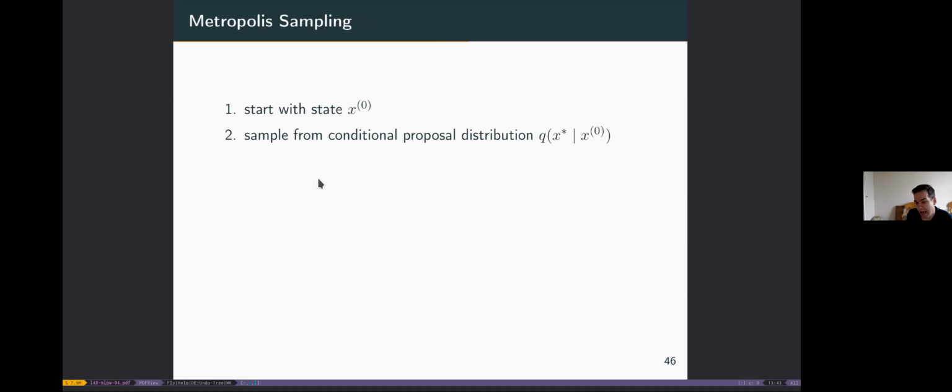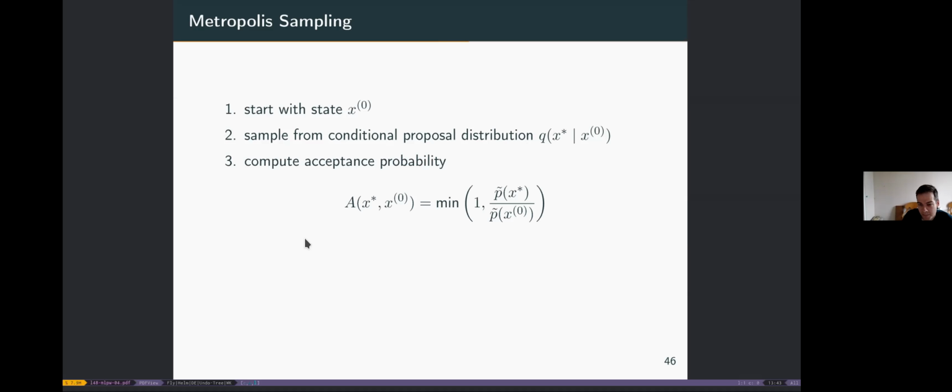And then I have a conditional proposal distribution. What I do in this case is draw a state x star from this distribution that I've specified. Then I compute an acceptance probability, which says that if the point that I drew, the x star, is more probable under the true distribution, then the minimum of this is going to be 1, right?